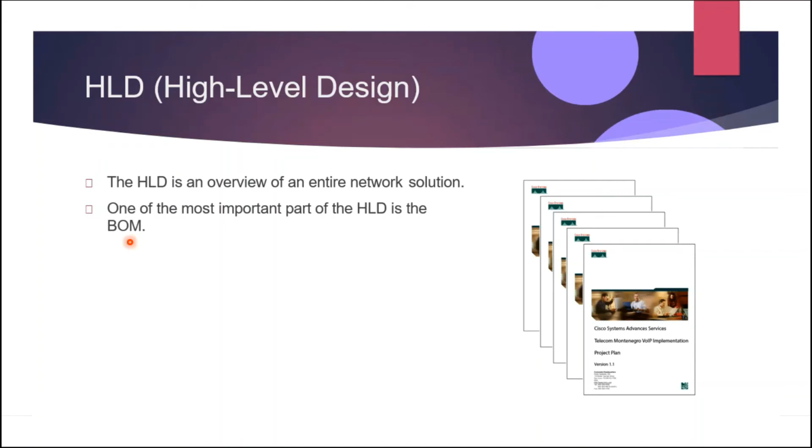BOM is a comprehensive inventory of raw materials, assemblies, sub-assemblies, parts and components, as well as quantities of each needed to manufacture a product. In a nutshell, it is the complete list of all the items that are required to build a network. So the HLD serves as a reference for both the designer and the organization or the company.